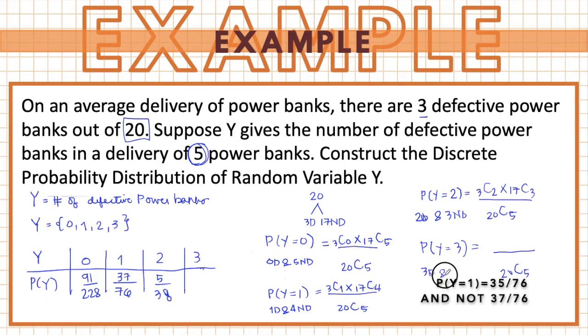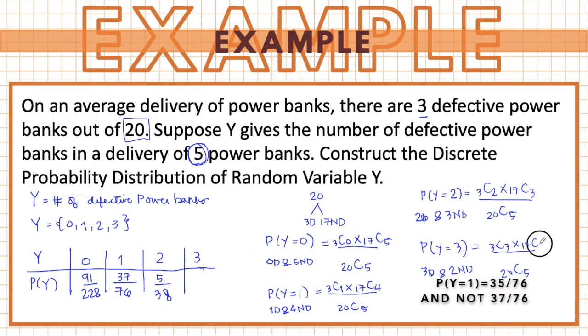And then, the rest are non-defective. So, there are 2 non-defective. Okay, next. So, 3 defective and 2 non-defective. So, to solve for the number of favorable outcomes, that will be 3 choose 3, times the number of non-defective, that will be 17 choose 2.